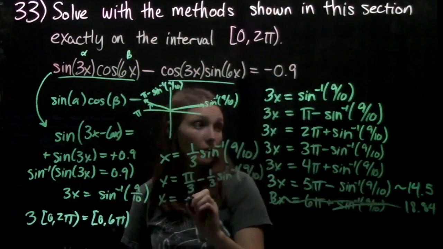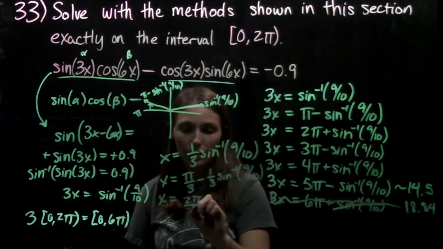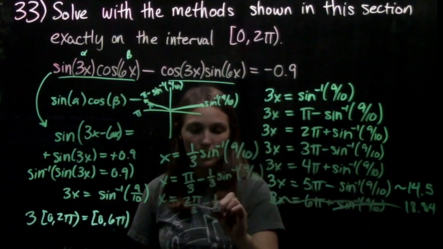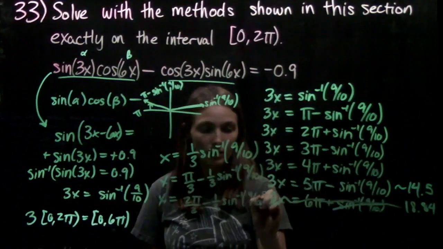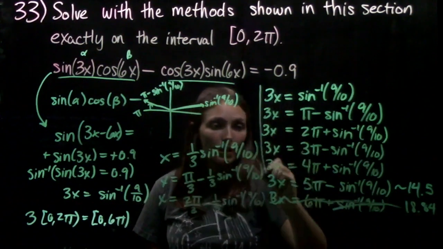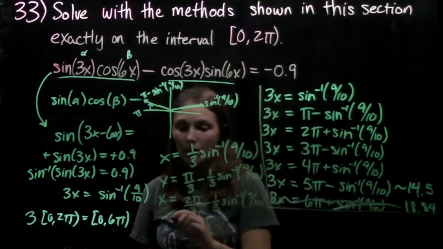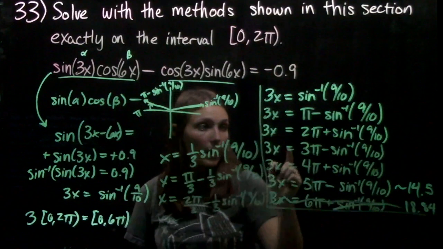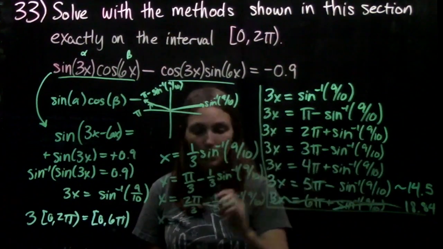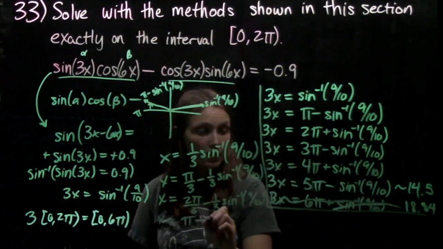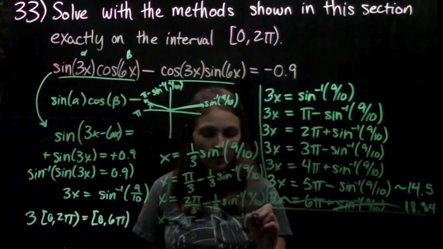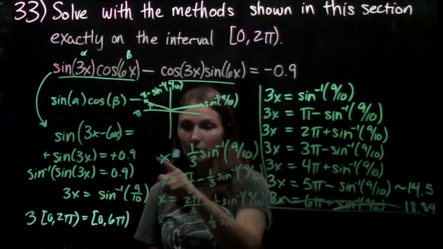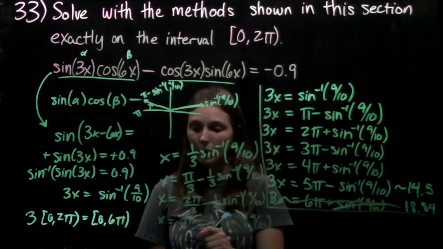We'll have 2 pi over 3 minus 1/3 sine of negative 1 to the 9/10. Let's see, let's box this over. Continuing on, we'll have x equals 3 pi divided by 3, or simply pi, minus 1/3 sine inverse of 9/10. 1, 2, 3, 4. We got 2 more to go.